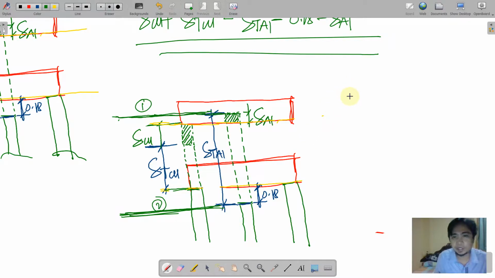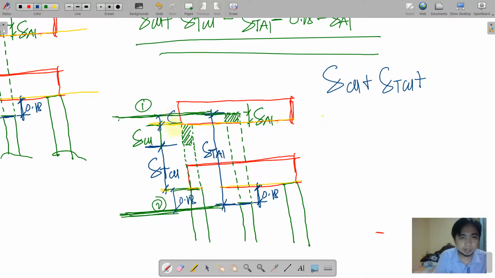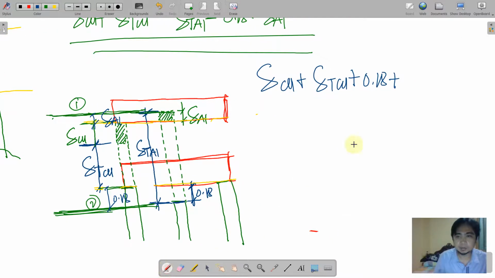So we have an equation equivalent to delta Cu plus delta T Cu plus this one, this is 0.18, and this is delta of aluminum plus 0.18 plus delta aluminum, and all of this will be equal to delta T of aluminum.